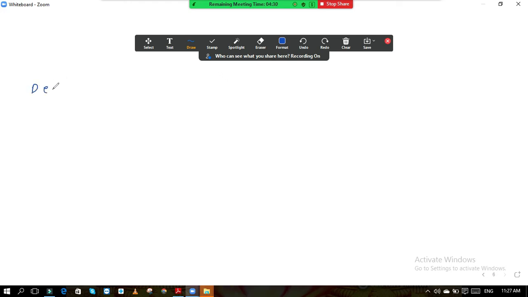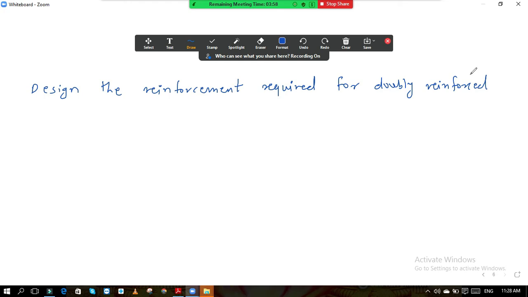We will take this problem: design the reinforcement required for a doubly reinforced beam section for the following details.